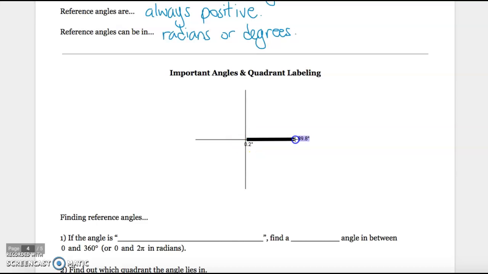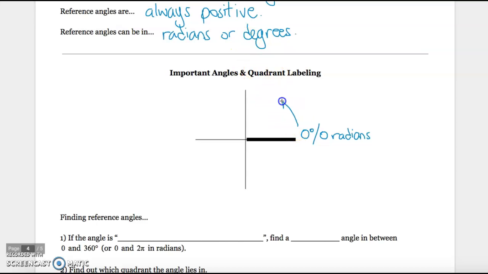That's our initial side. And so we would say that that is angle 0 degrees or 0 radians. So if you didn't measure from there at all, if your angle didn't go up or down, we'd say it has 0 degrees.